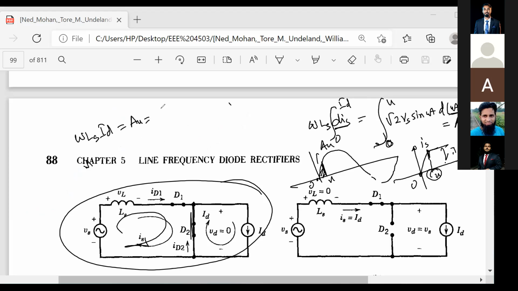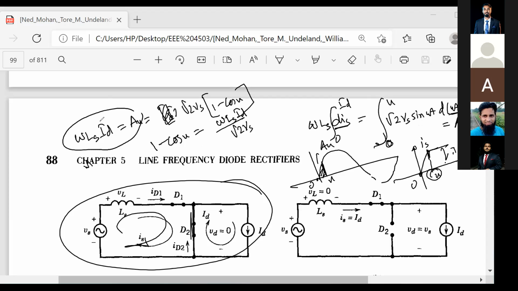And if you do this integration of root 2 Vs, then 1 minus cosine of U will come. You can check. Yes, sir. Then 1 minus cosine of U will come as omega Ls ID divided by root 2 Vs. And look here, this is AU equal to this one.